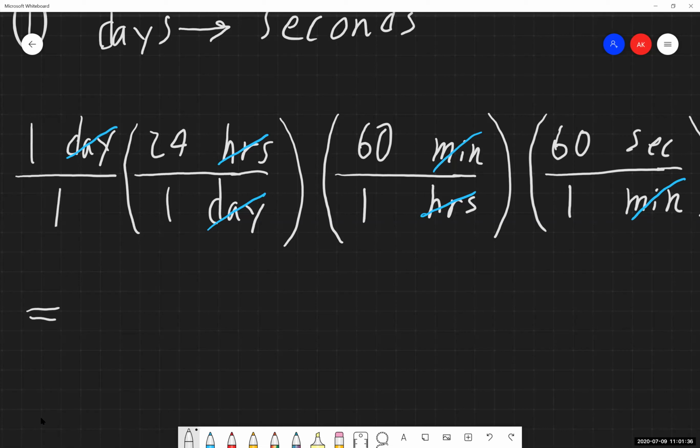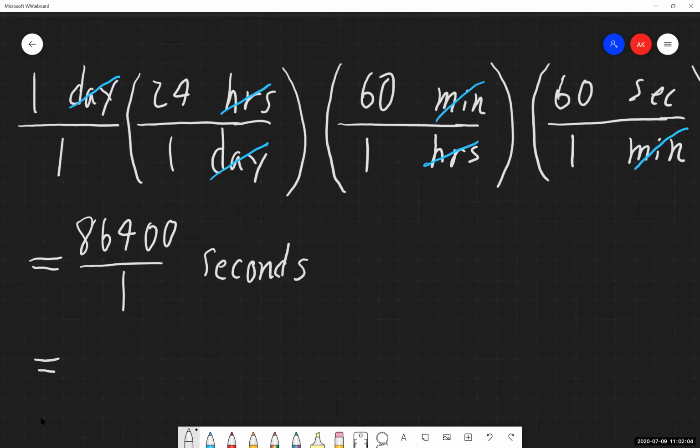So I'm doing off screen 1 times 24 times 60 times 60 in my calculator. I'm getting 86,400. Then for the denominator spot, 1 times 1 times 1 times 1, well, that's just going to be 1. So anything divided by 1 is just going to be what we started with, the thing on top.